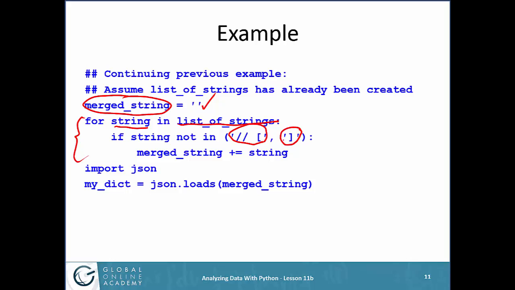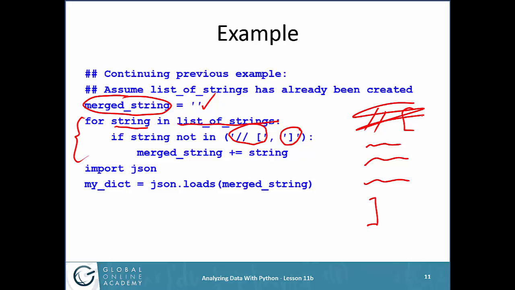If the string doesn't consist of slash space bracket, or it doesn't consist of just the closing bracket, as long as it's not one of those. Maybe we had something that our list of strings has this in the first line, then it's got some data here, then some data here, then some data here, then it's got this closing. And in fact, that is what the Google Finance site returns.